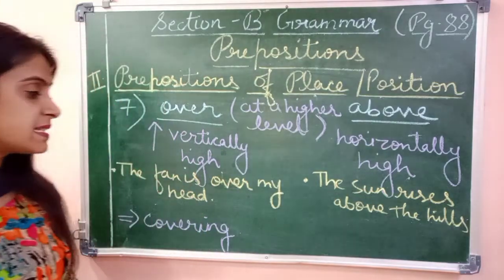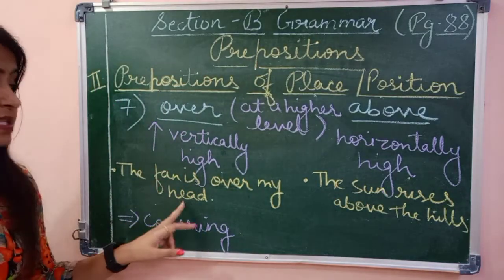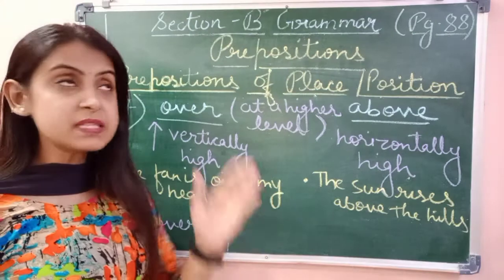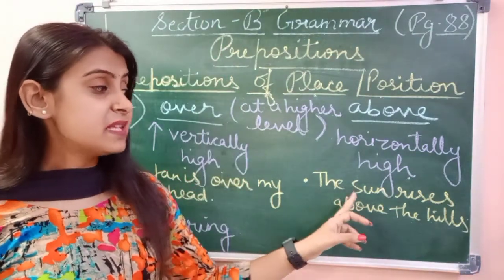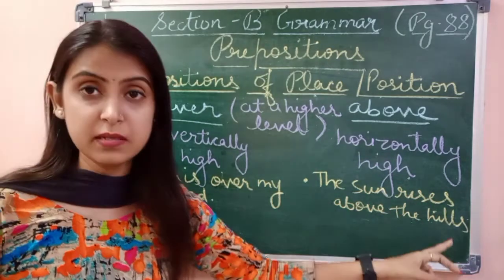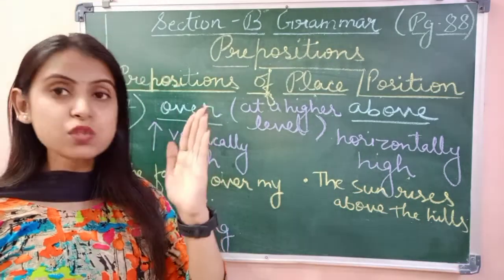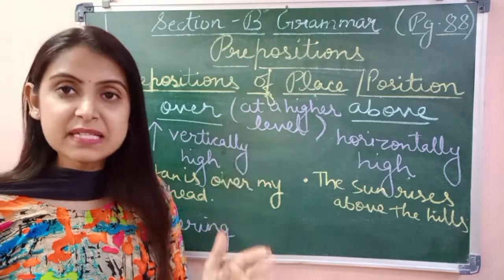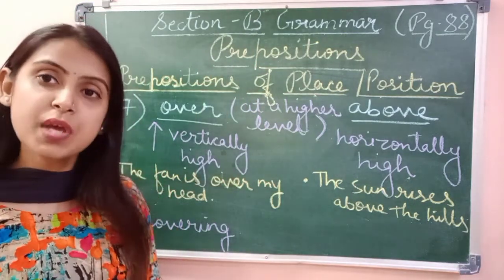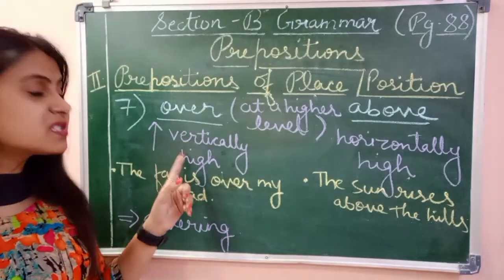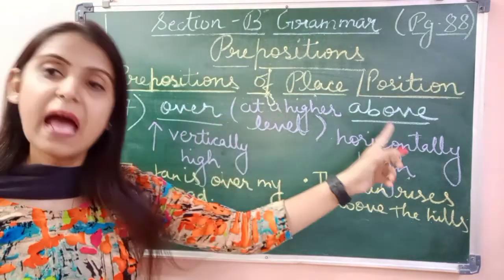Just look at these examples. The fan is over my head. It means the fan is vertically above. Okay, but if I say the sun rises above the hills, then it means the sun is not rising vertically above. Instead, it rises horizontally and it covers a large area. Right? So this is the difference between over and above.